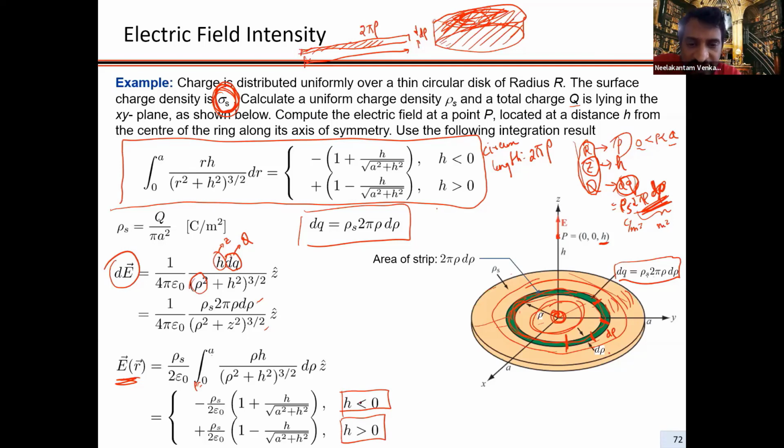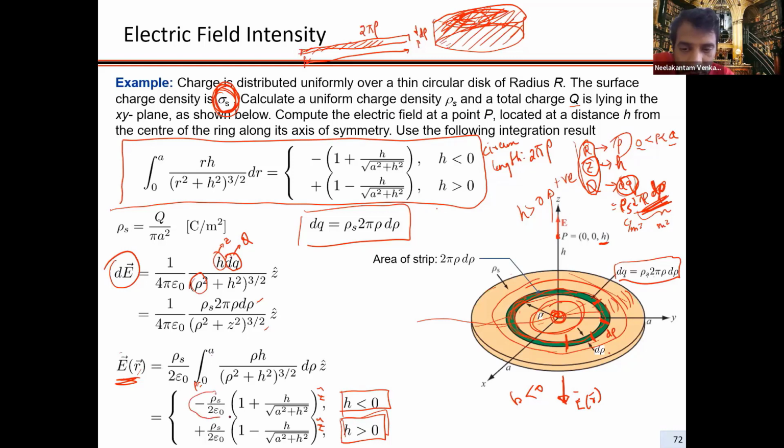Notice that when H is less than 0, there's a z hat missing here and here, so the direction of the electric field is in the negative z hat direction. When I am at positive H, the Z is positive here.